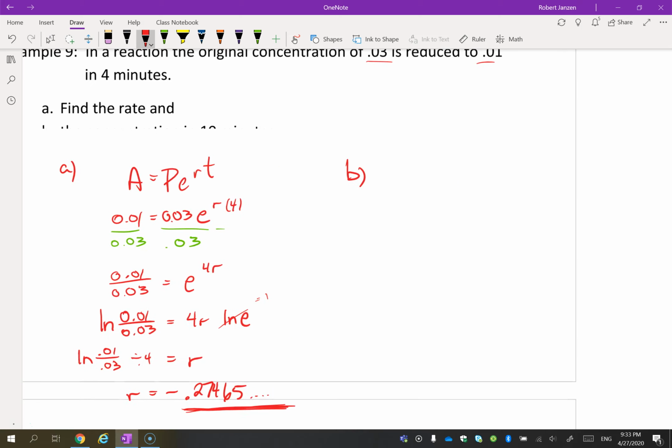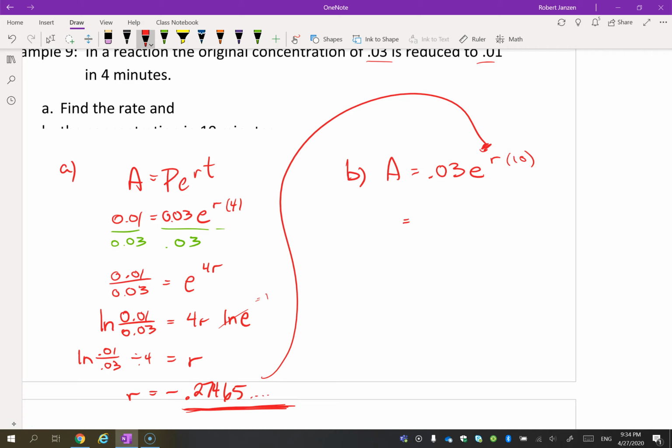Okay, what is B? Well, B says how much would be left in 10 minutes. Okay, so the amount, again, we're starting with 0.03. We now know what the rate is. Okay, we're going to use this number when we take the calculator, and we're supposed to say time is 10.